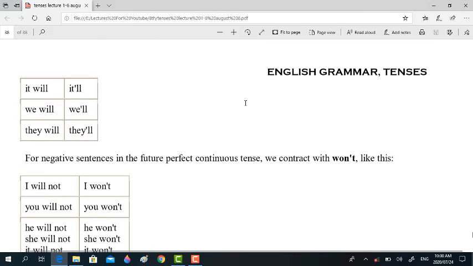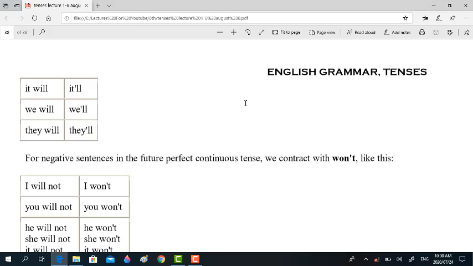So I think you should have understood about the tenses. To make yourself perfect or good at sentences, practice more and more. Try with new, creative sentences of your own.